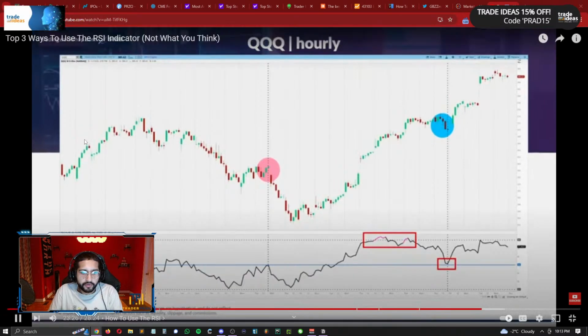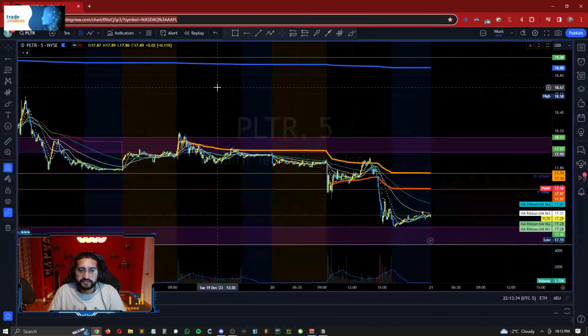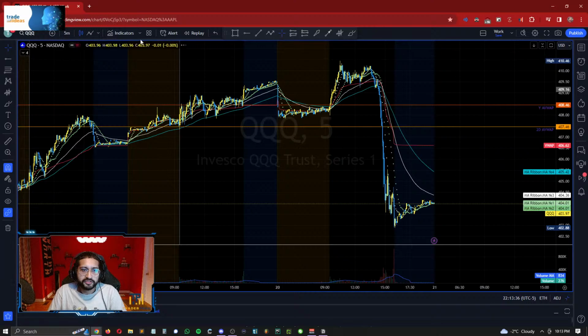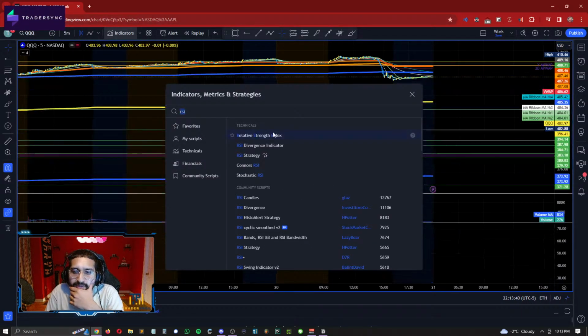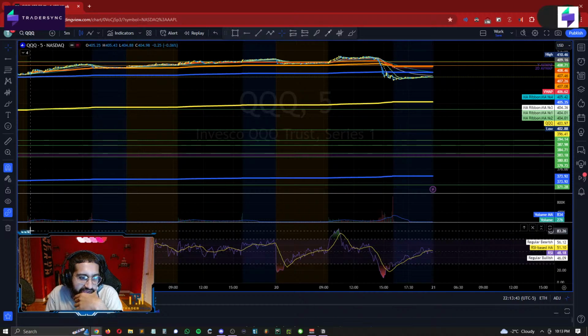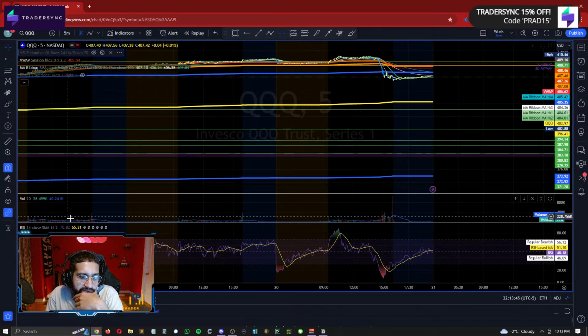Okay, and then I want to do a quick test over here. See how the QQQs did today on the RSI indicator basis. We'll fix this up real quick.